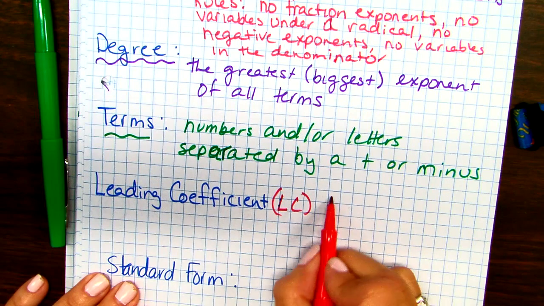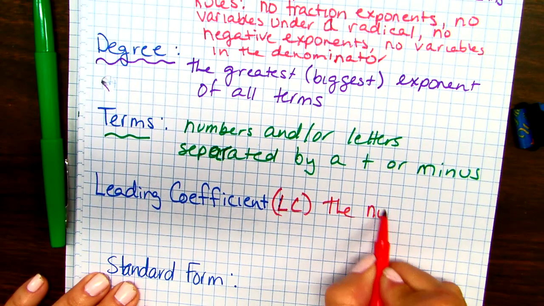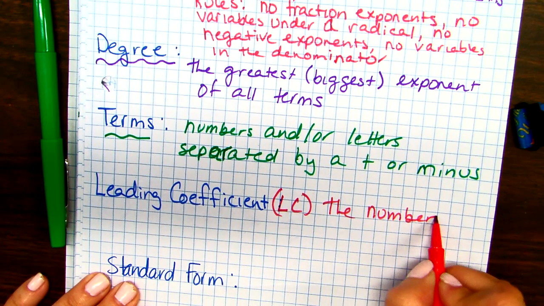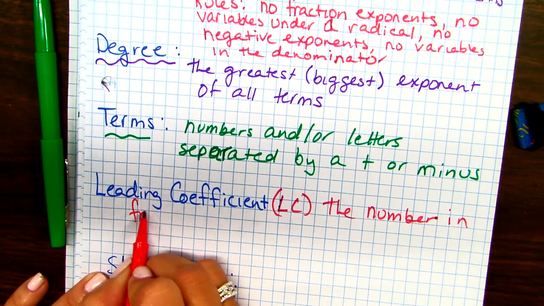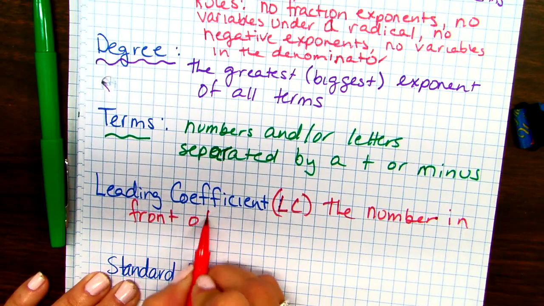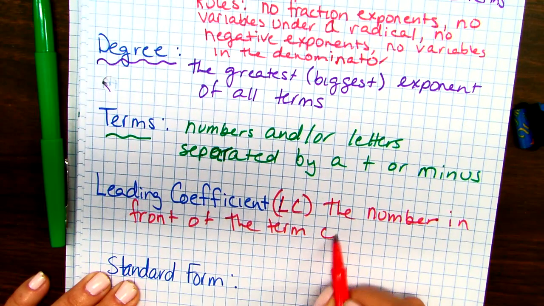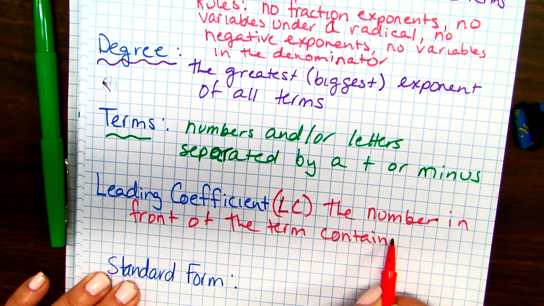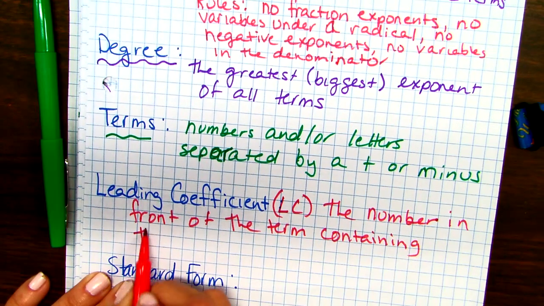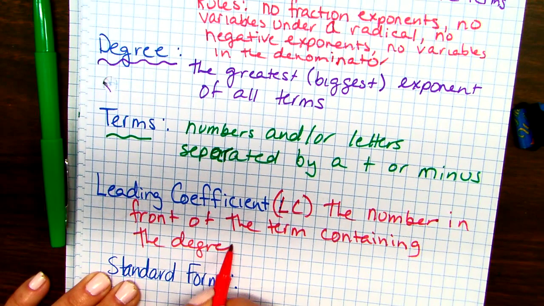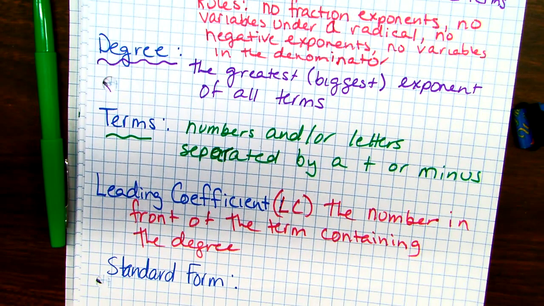So it's the number in front of the term containing the degree. So whatever variable has the biggest power, the number that's standing in front of it could be a 1, it could be a -5, whatever it is, that's called the LC, the leading coefficient.